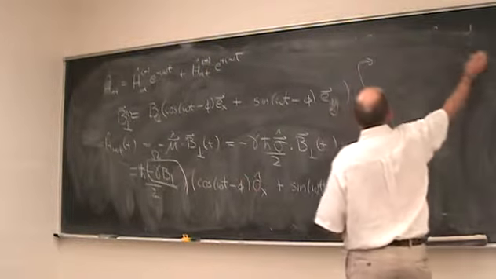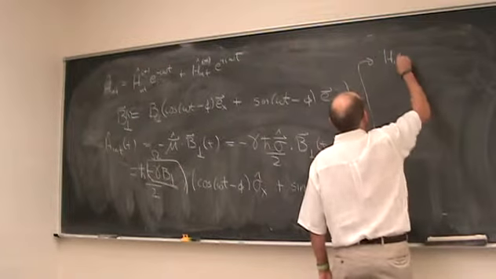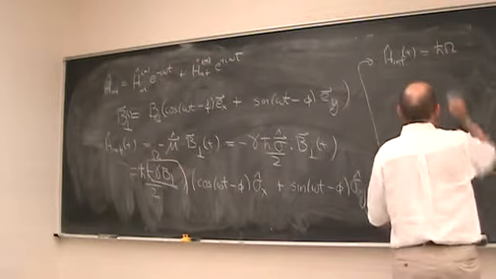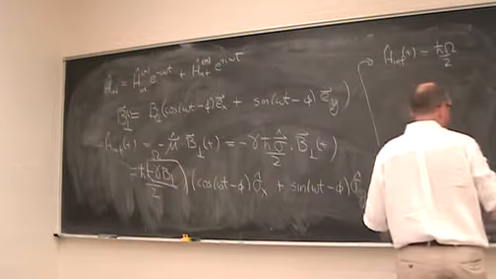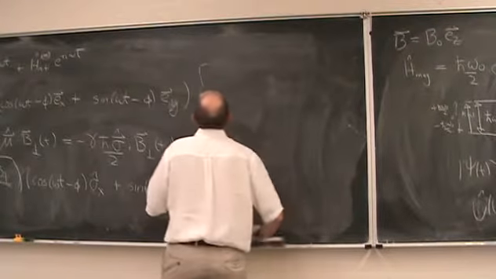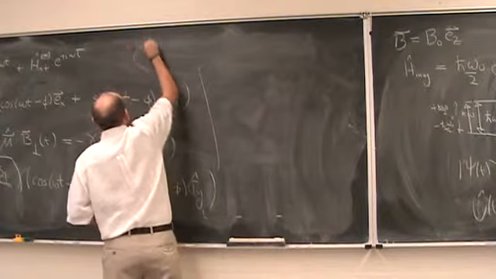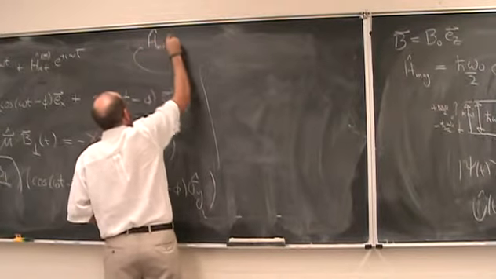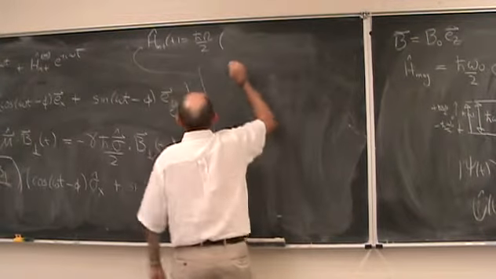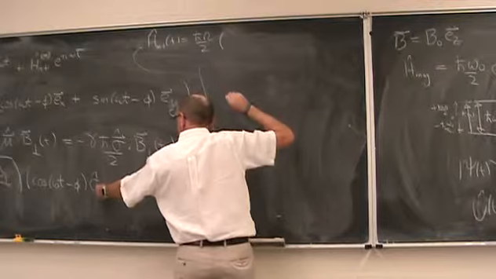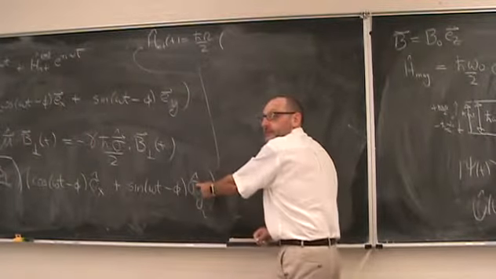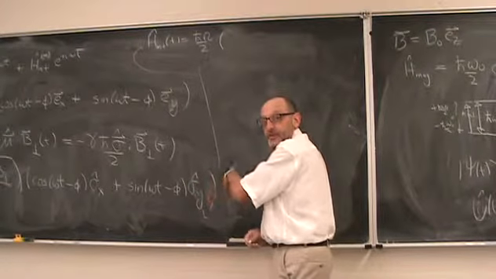So this then says that the interaction Hamiltonian as a function of time is equal to h bar capital omega over 2 times, and now I'll express sigma x as sigma plus plus sigma minus, and sigma y as sigma plus minus sigma minus over i.